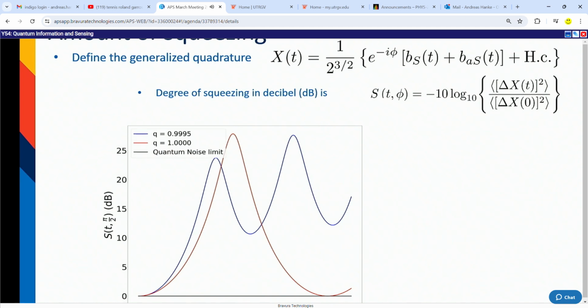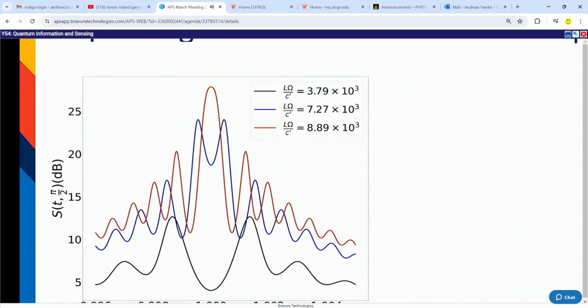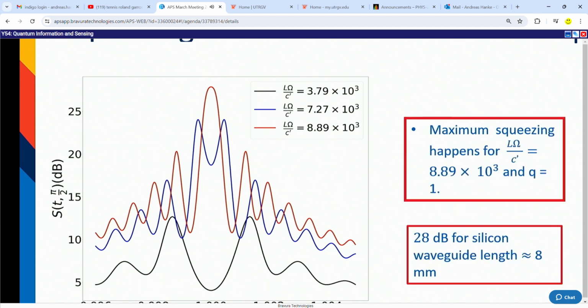For each value of q, we know that there is a value of evolution time or waveguide length that maximizes squeezing. So we plot the squeezing as a function of q, the Raman shift, for three different values of evolution time. And we observe that the maximum squeezing happens for the resonant condition at phonon resonance.